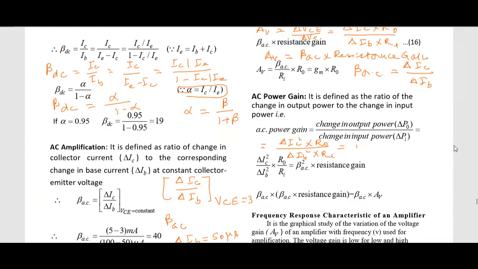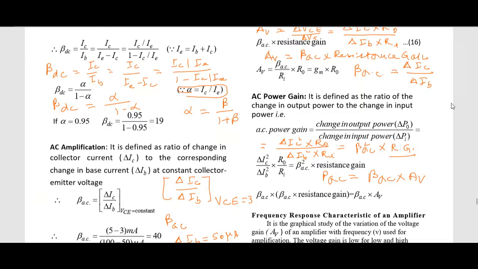Obviously this is the square of AC current gain multiplied by resistance gain, shown by Rg. So we can also say that the AC power gain is beta AC into voltage gain.